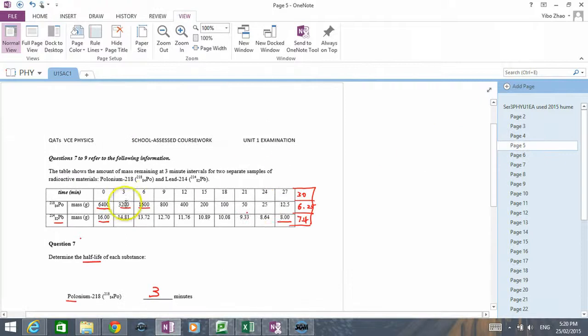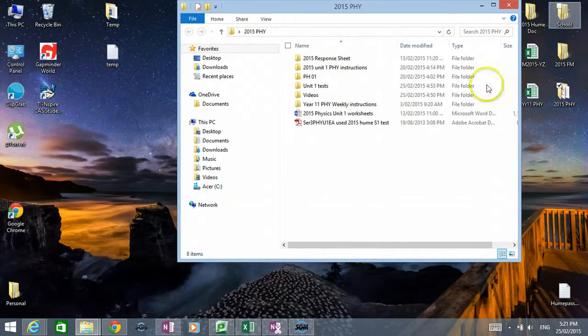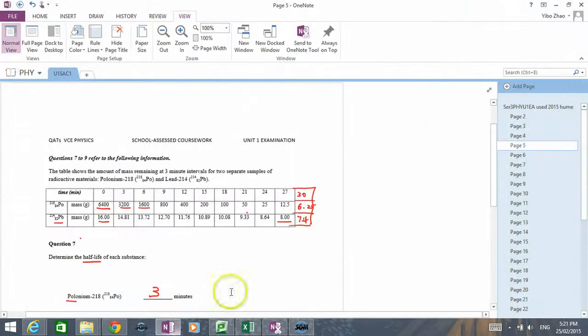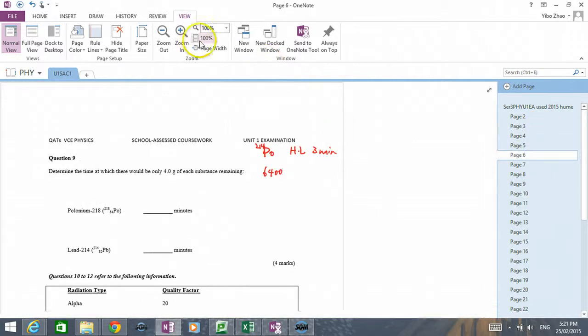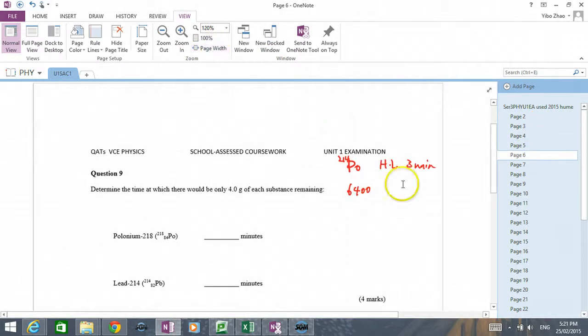From the previous table, initially at 0 minutes, I have this much.